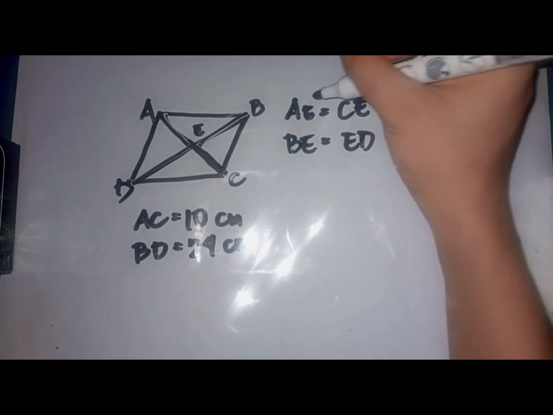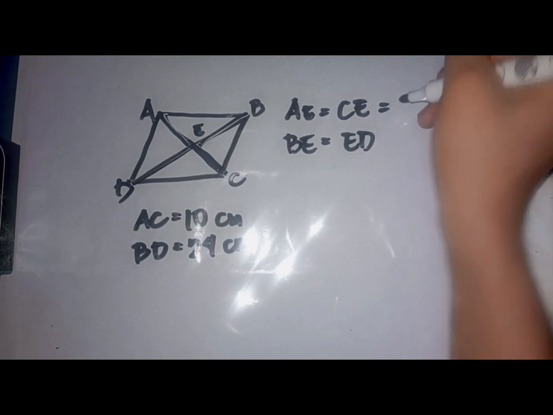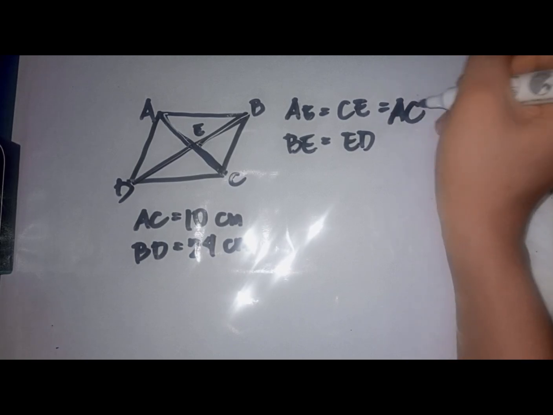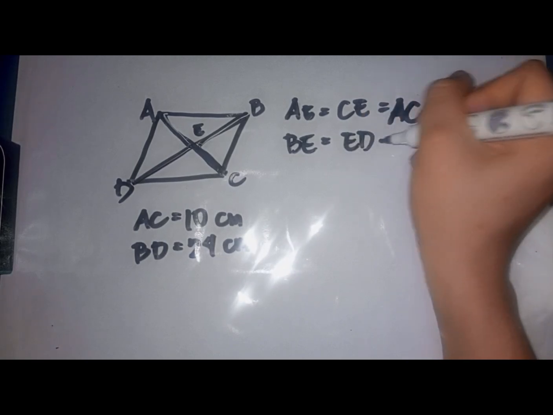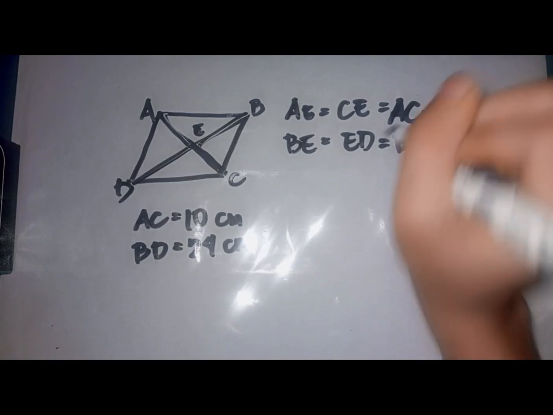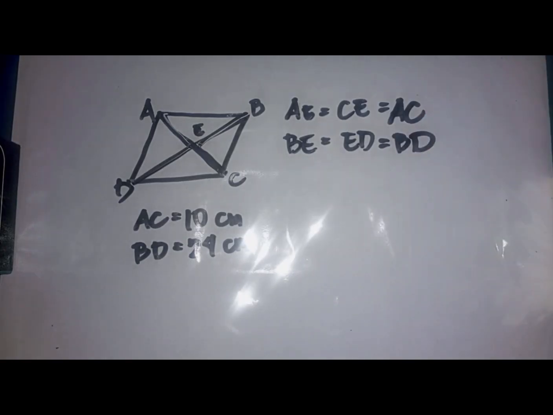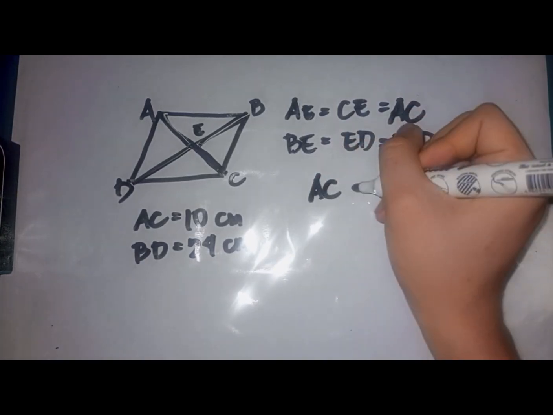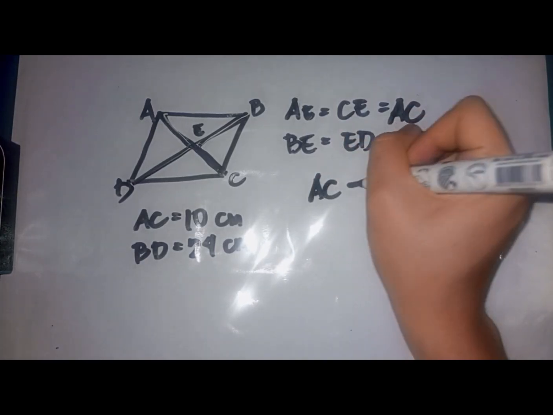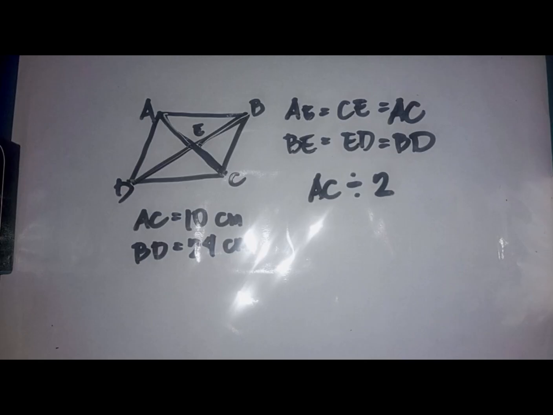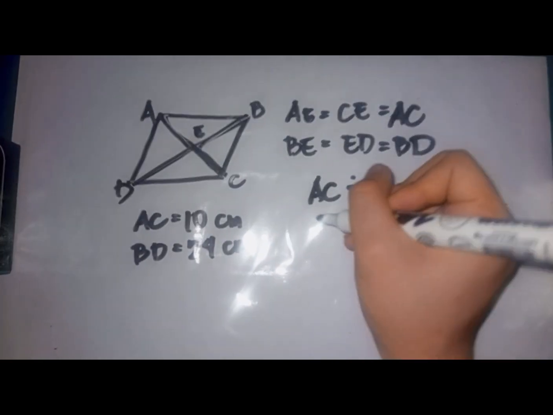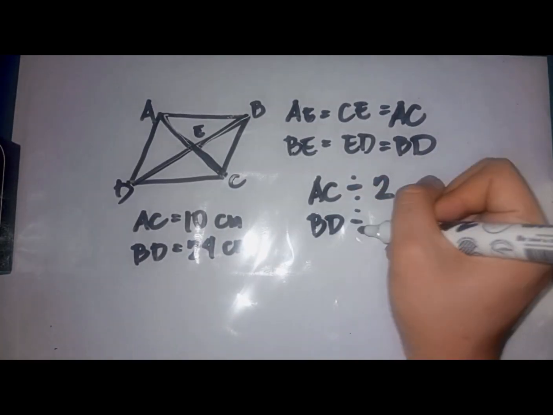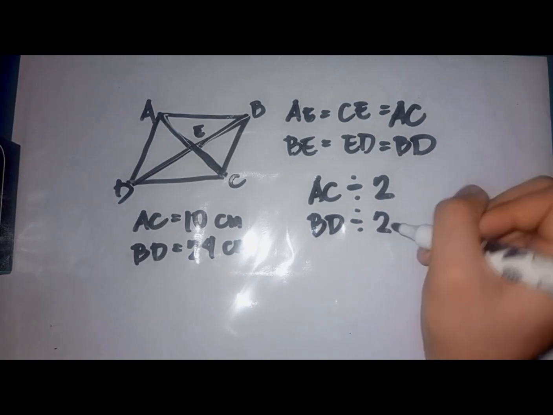So AE equals CE equals AC divided by 2, and BE equals ED equals BD divided by 2.